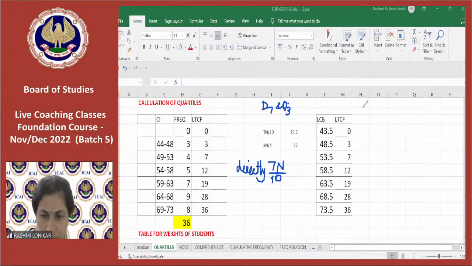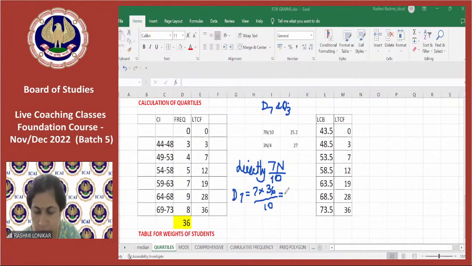Now what is 7? What is n? N is 36. So to calculate this, I will do 7 into 36 upon 10. How much is this? 7 into 36 divided by 10 is equal to 25.2.